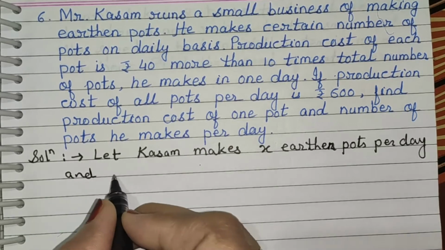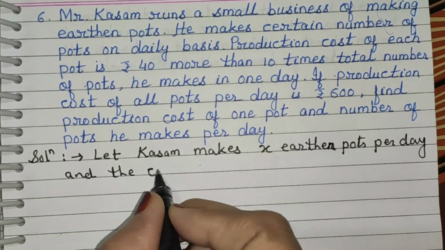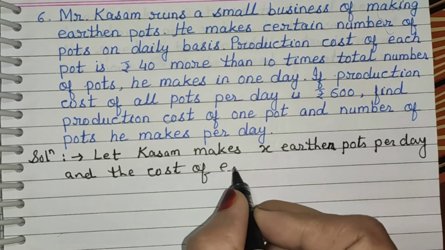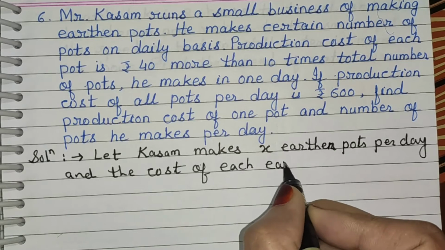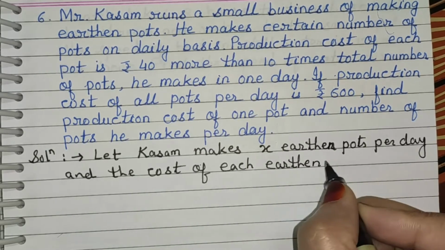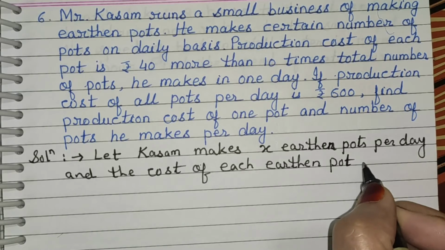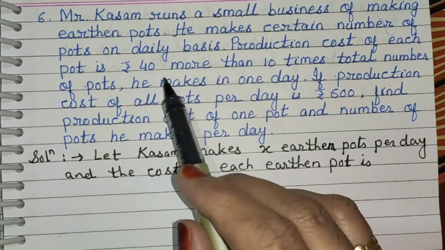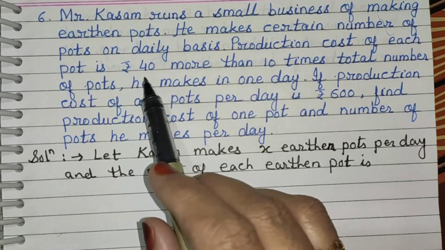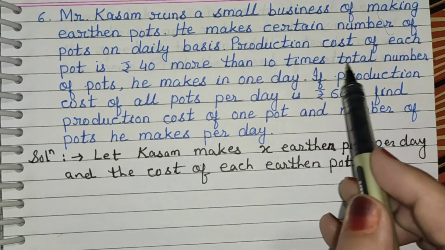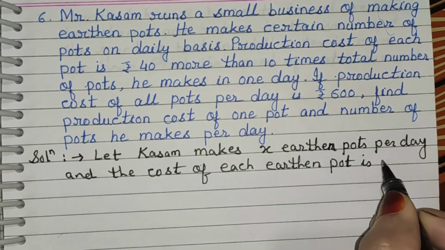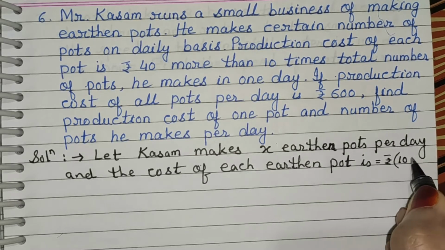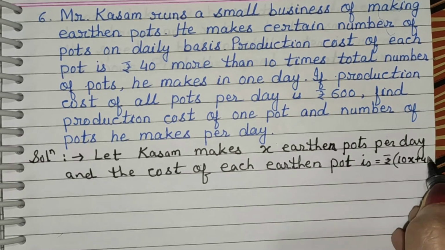And the cost of each earthen pot is, now here, rupees 40 more than 10 times the total number of pots. Therefore we can write here rupees 10x plus 40.